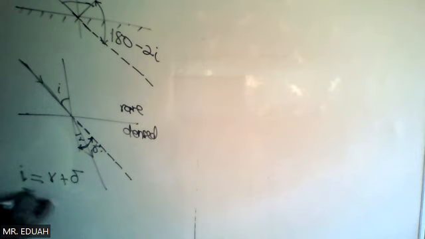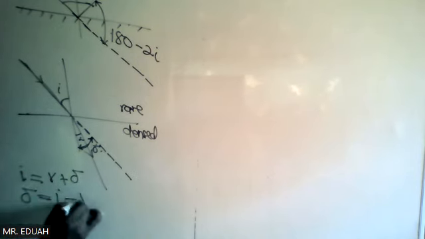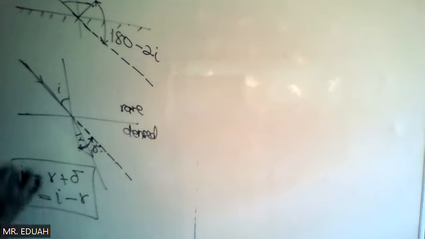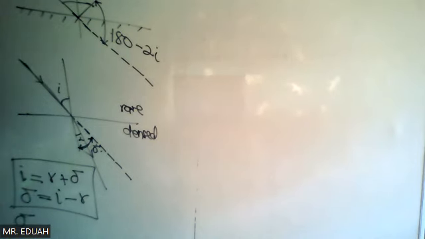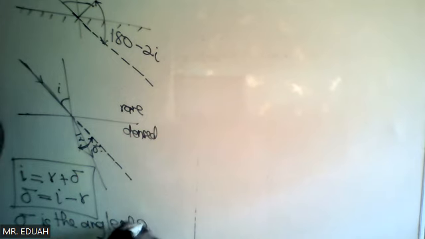Let's make sigma the subject. Sigma is equal to i minus r, where sigma is the angle of deviation.